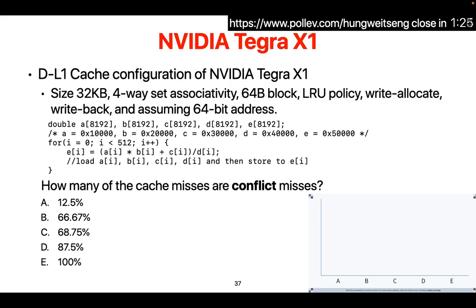I remember that when we get to A8, it's going to be another compulsory miss, because A8 is going to map to a different spot. Yeah, exactly, so that would be a compulsory miss. Right, because 4 last time was compulsory and then a conflict.